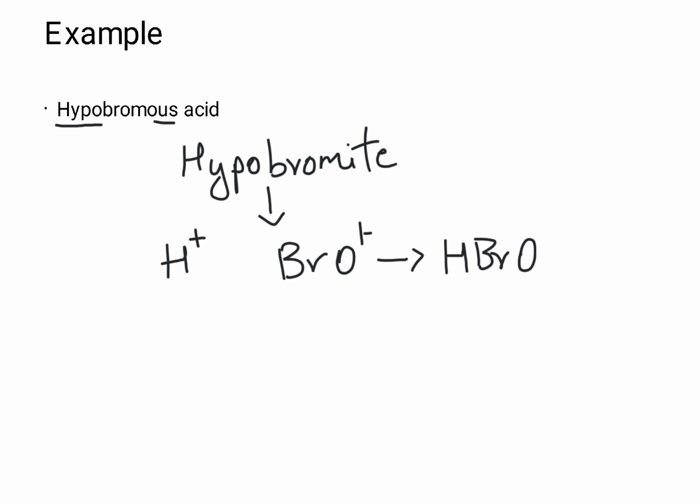Now, here's what we've done in today's lesson. We have figured out how to write names if you know the formula, and we have figured out how to write formulas if you know the names. Please make sure that you watch this video and you take notes over everything, and remember that margin in the left side of your Cornell notes, that's where you're supposed to write down questions you have.